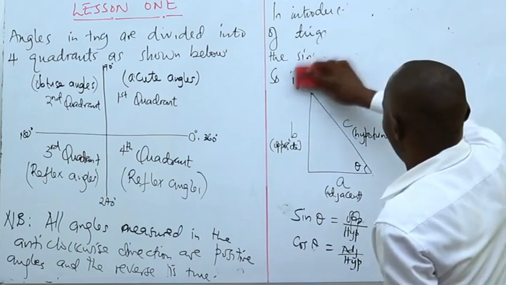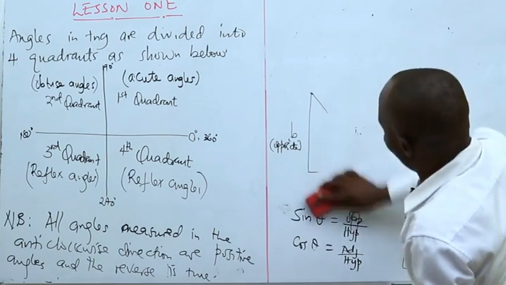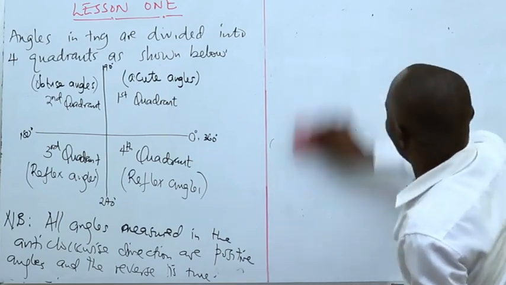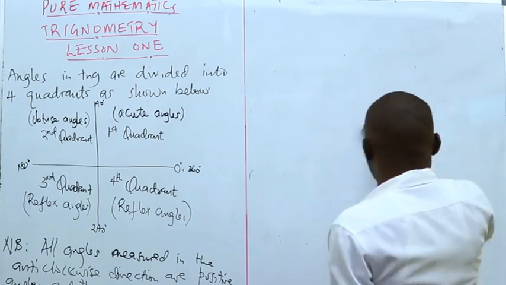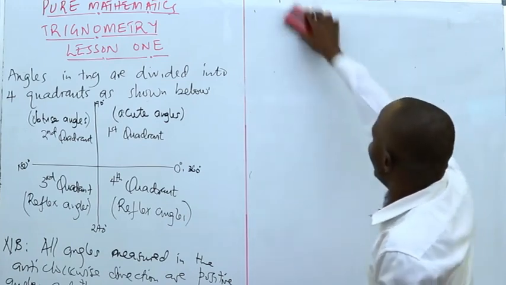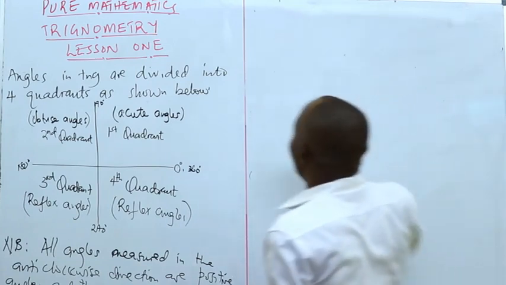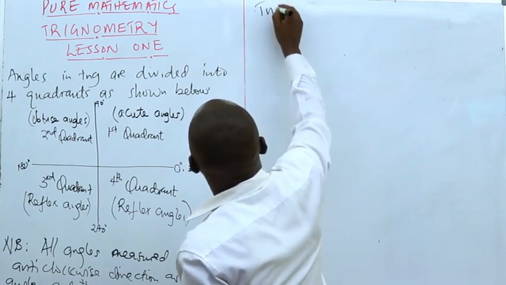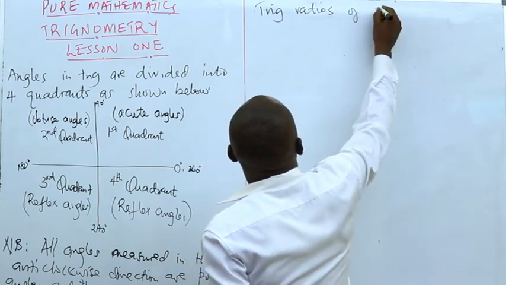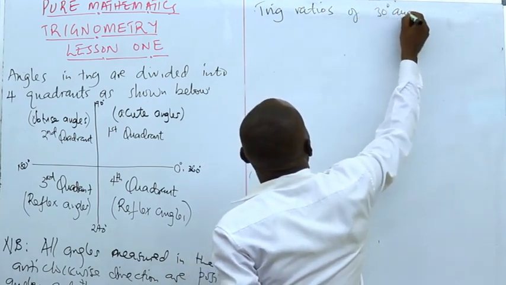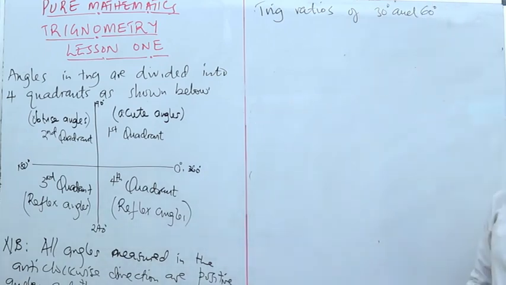Having known that, we cannot fail to move forward and speak about the critical issues. Because we are dealing with angles, we cannot fail to talk about what entails those angles. Let's go straight and talk about the trig ratios of 30 degrees and 60 degrees.